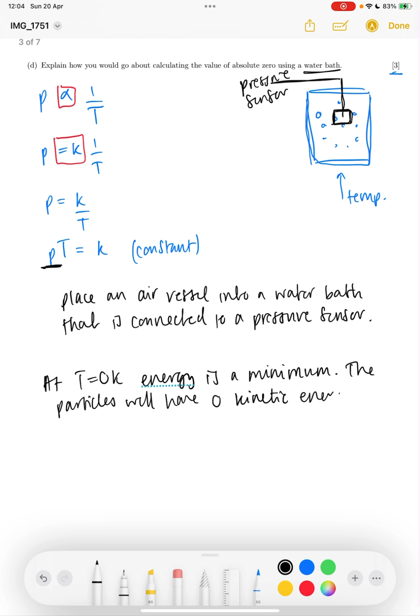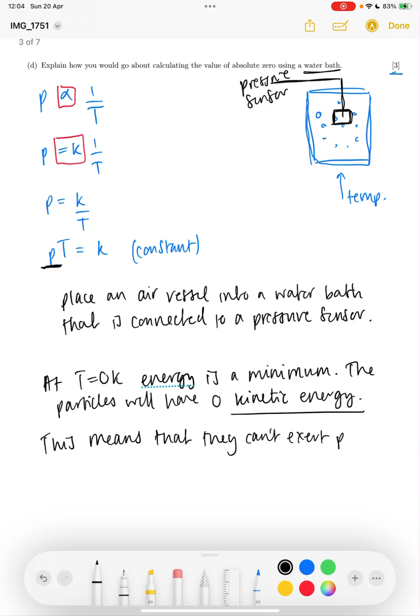That's just a definition that we need to know. This means, let's use our knowledge from the video, if they have 0 kinetic energy, they can't exert pressure. They can't move to hit the container walls.